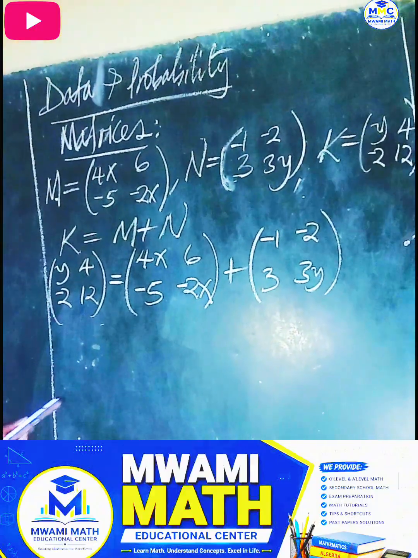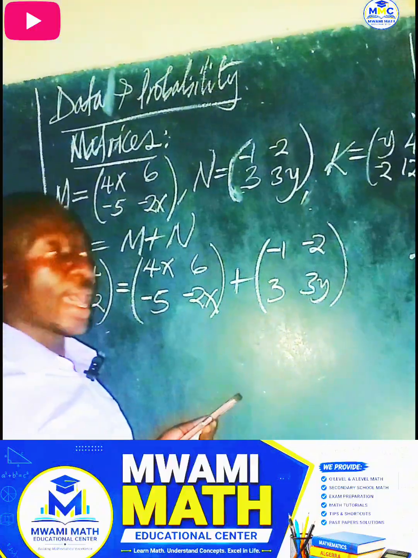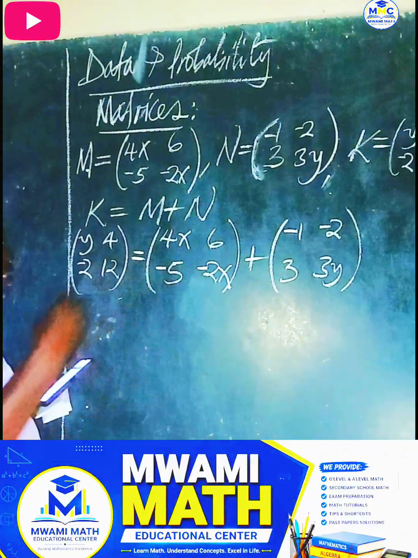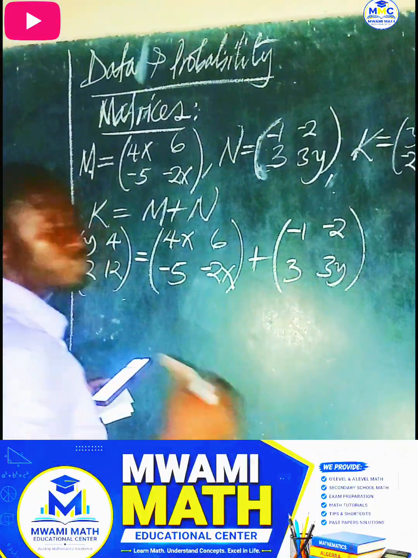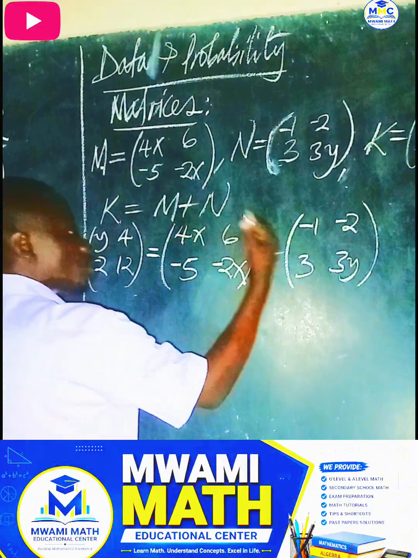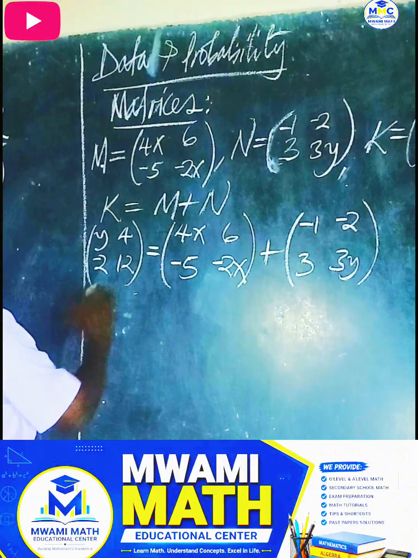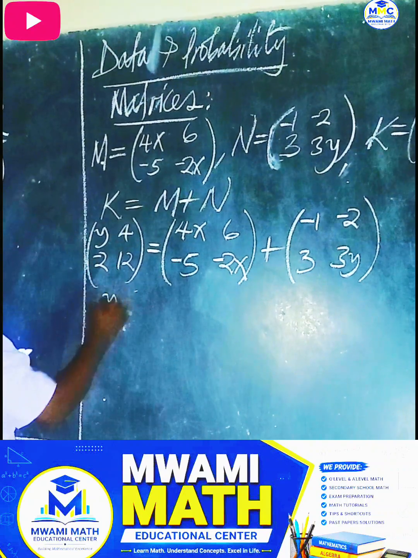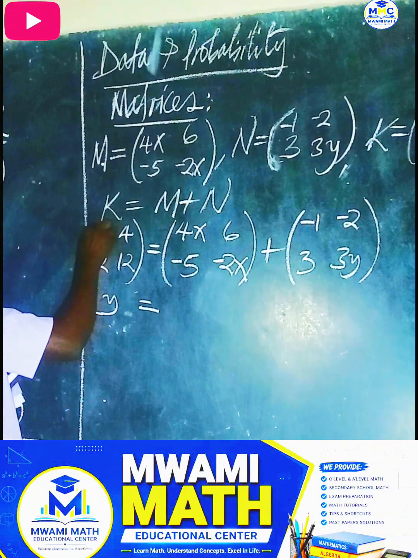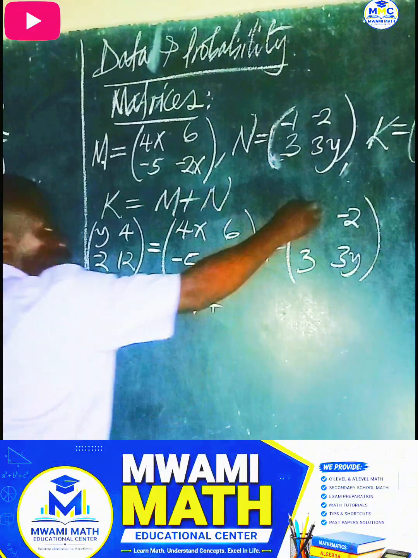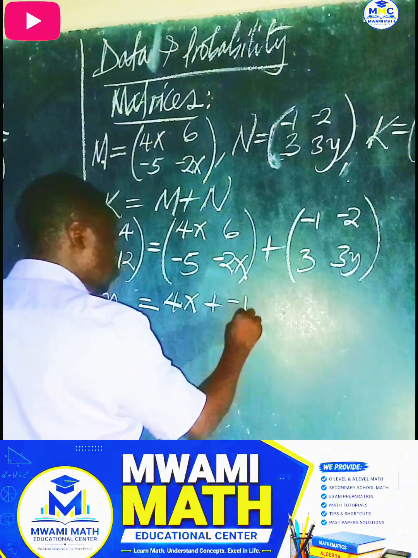So from here we can go ahead and formulate equations. According to the rule of matrices, we add or subtract corresponding elements. For example, our first element here is y. y is equal to the first element here, which is 4x, plus the first element there, which is -1.